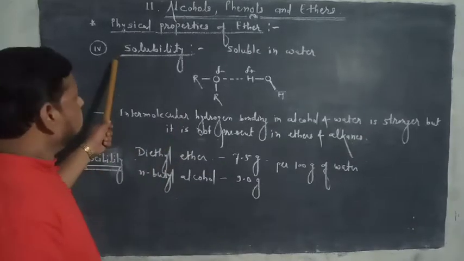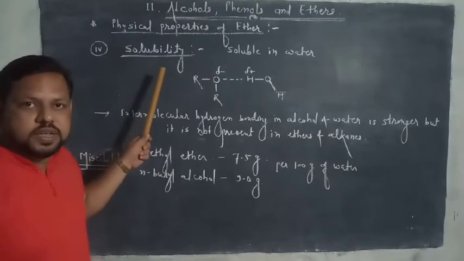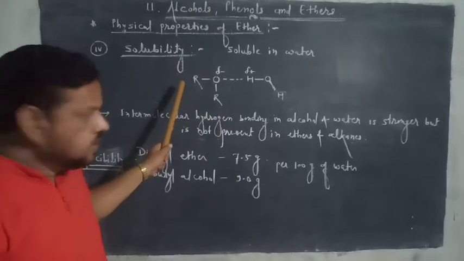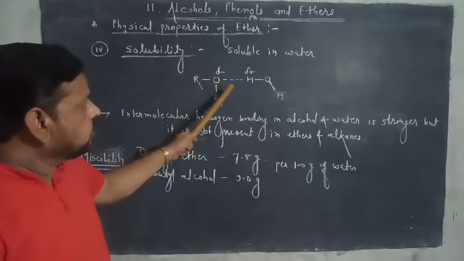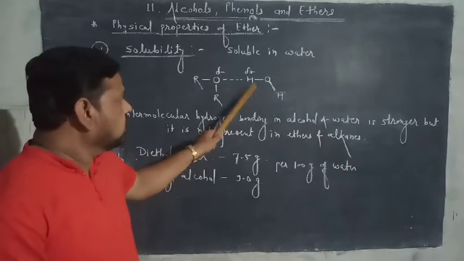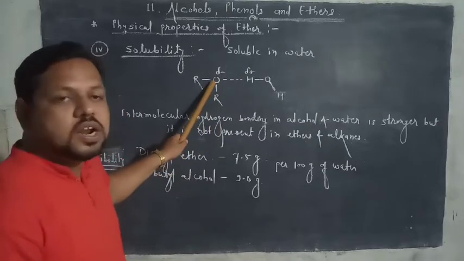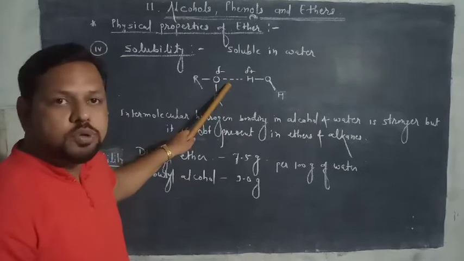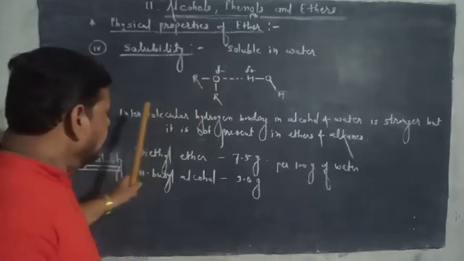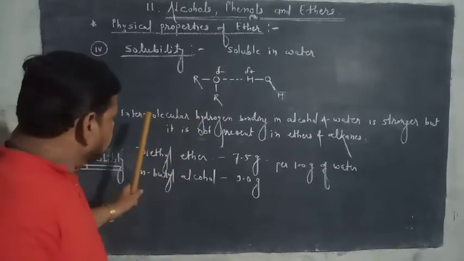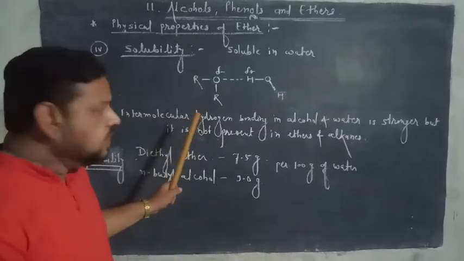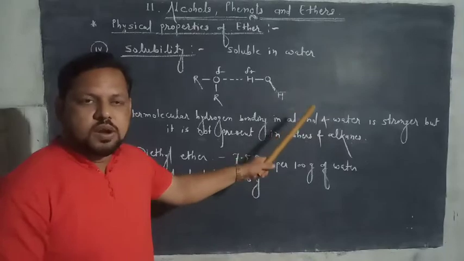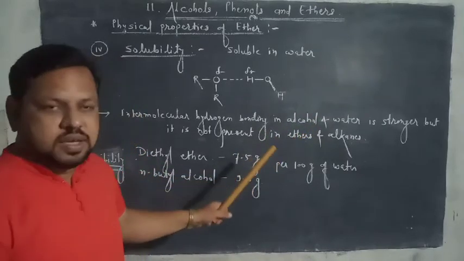Then the next physical property, that is solubility. Ethers are soluble in water. See here, this ether forms hydrogen bonding with water through the ethereal oxygen atom. This dotted line is the hydrogen bonding. Then see here the difference between the intermolecular hydrogen bonding of alcohols, ethers and alkanes.